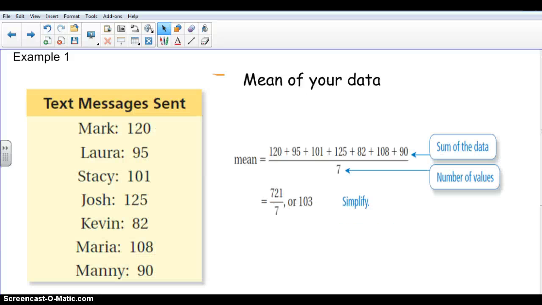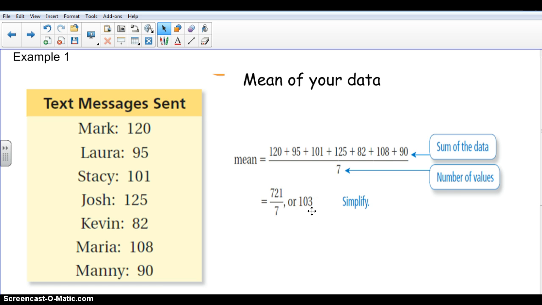Okay, the mean of your data. Here are all the text messages sent by each person. The mean is adding up all this information and then counting the numbers, 1, 2, 3, 4, 5, 6, 7, dividing by that, and your answer is 103.